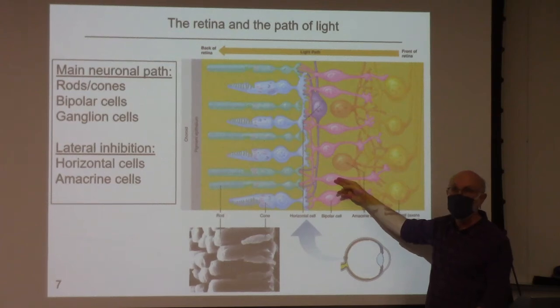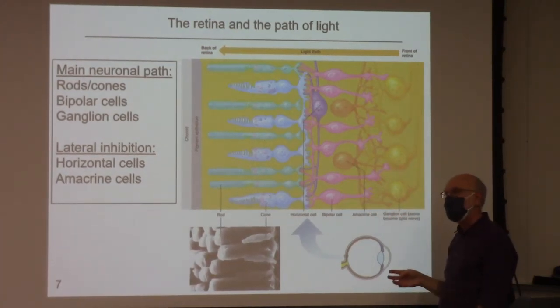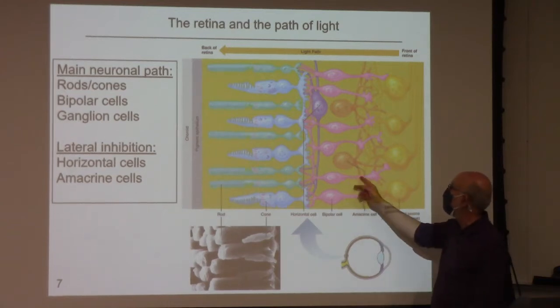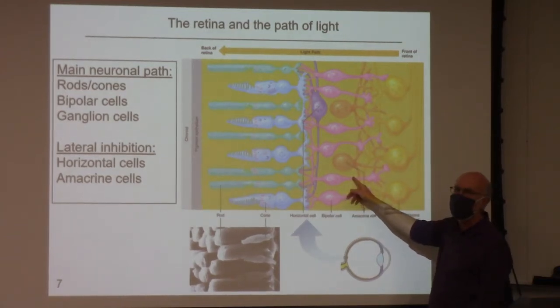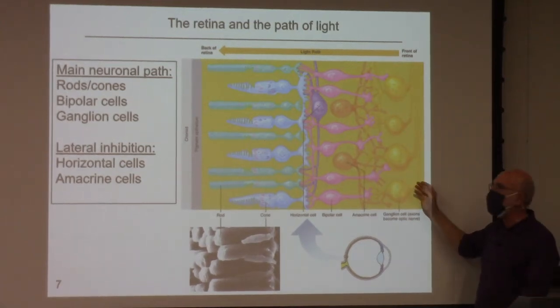Bipolar cells are also short. They're not even receptor cells, and they are neurons, but they don't have an axon. This is not really an axon. It's not until we get to the ganglion cells that we have a neuron with an axon that forms the optic nerve.